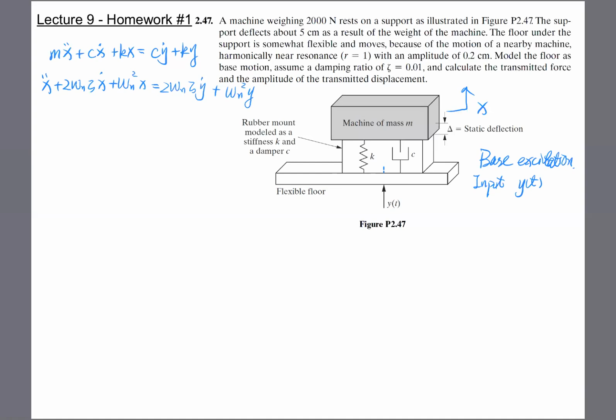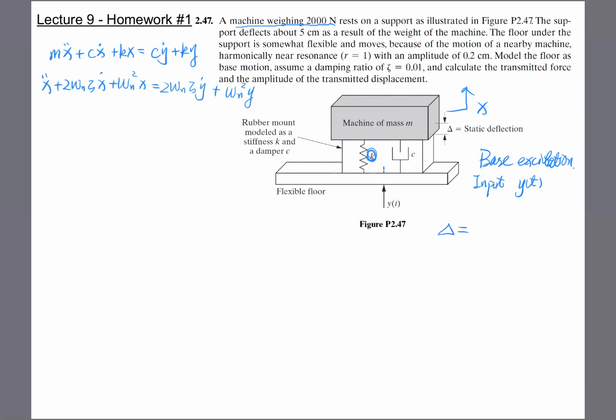Okay, so let's read the problem description. The machine is weighing 2,000 Newton. So that big mass has a gravity of 2,000 Newton. When it's resting on the support, it gives you a static deflection. When it's resting, the deflection is all due to the deformation of your spring.